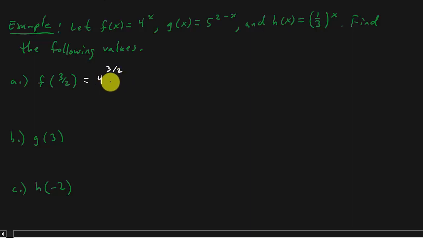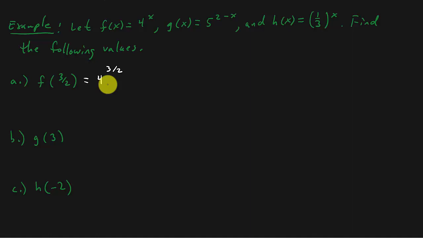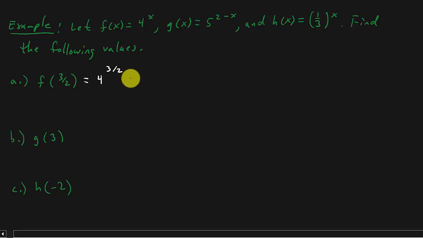Now, to simplify this, I'm going to need to convert it to radical form. In a college algebra class, you would have learned this earlier in the course, like the first or second day probably, so just a quick review. When we change this from exponential form to radical form, that's going to be the square root of 4 cubed.